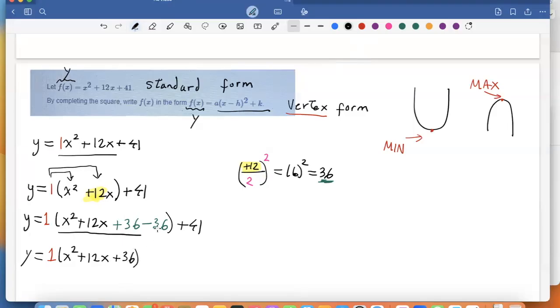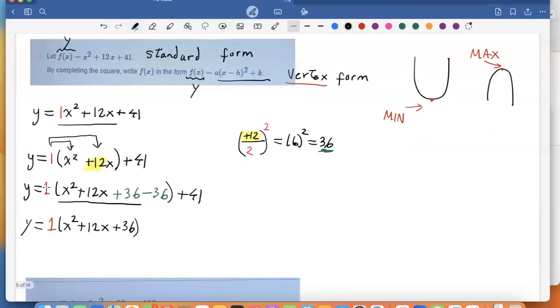And now we're going to have this negative 36 that I want to move out. I want to get rid of this from the brackets. But to do that legally, I have to multiply by the 1 that's on the outside. So I multiply 1 into the 36. 1 times negative 36 is negative 36. And this is what I get.